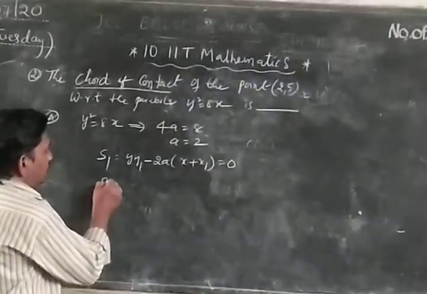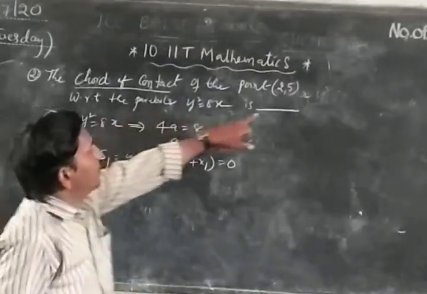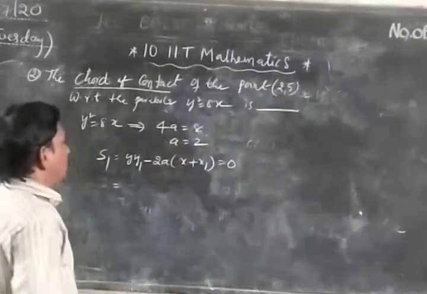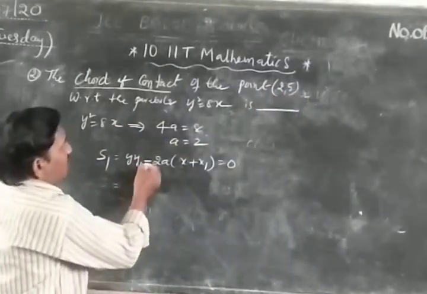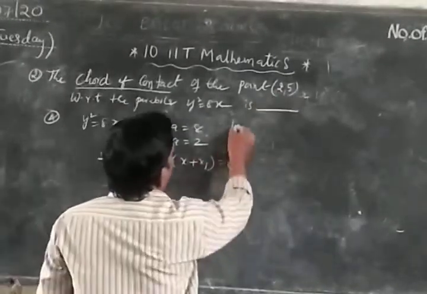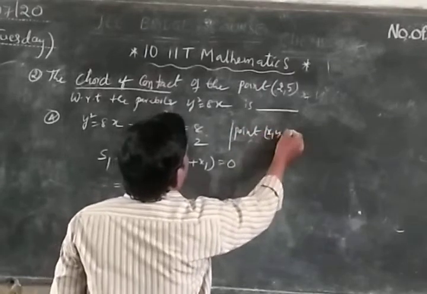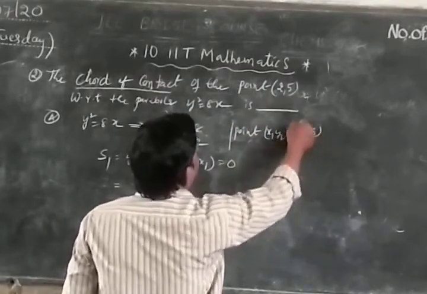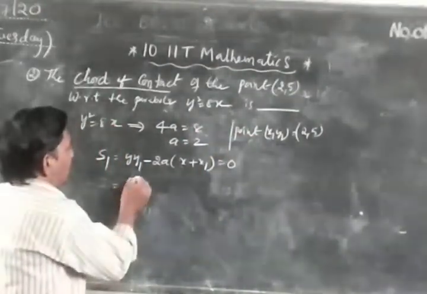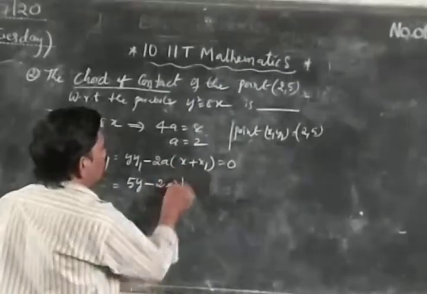Here the point 2 comma 5 is x comma y, that means x1 y1. So x1 y1 equal to 2 comma 5. Substitute: 5y minus 2. What is the a value? 2.